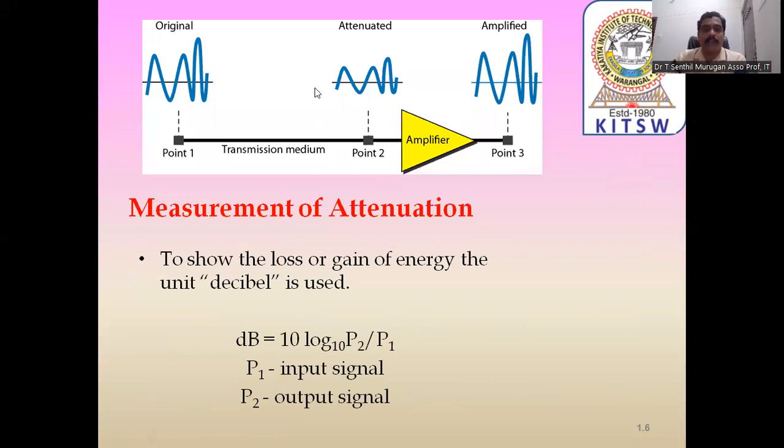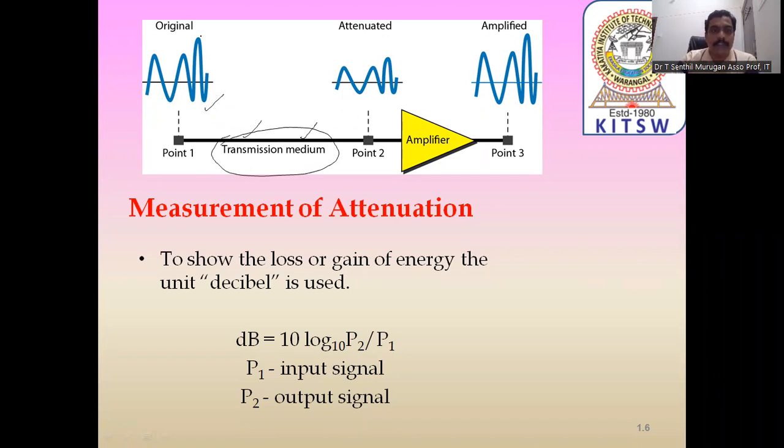See this diagram. It simply represents how the signals are transmitted. Initially we are sending the signal like this at point 1. While transmitting the signal in this transmission medium, this link, the signal energy may be reduced.